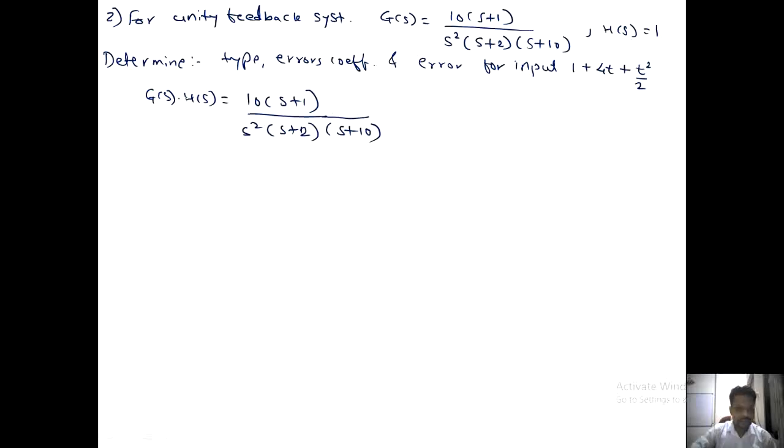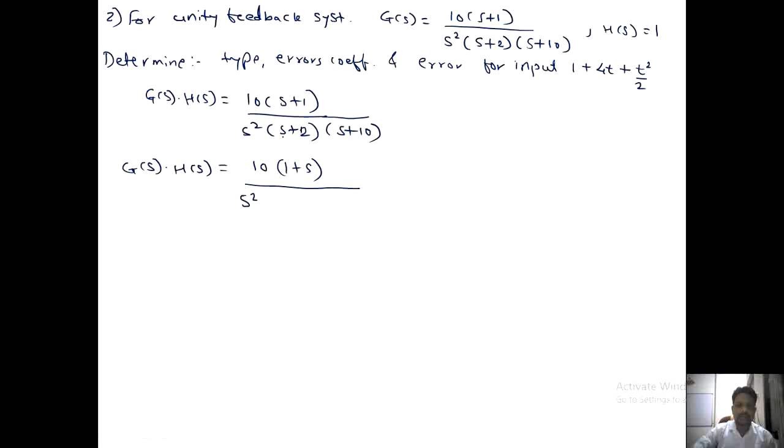As far as steady state numericals are concerned, we need to convert our g of s into h of s into the standard form, like every bracket we want in the form of 1 plus s. So let us proceed. In the numerator keep 10 as it is, and we can write this bracket as 1 plus s. In the denominator, s square as it is.